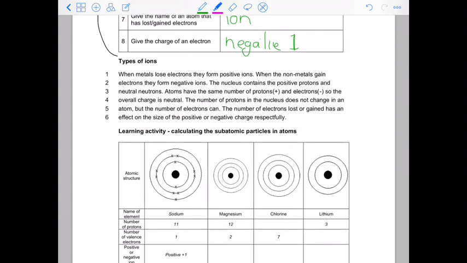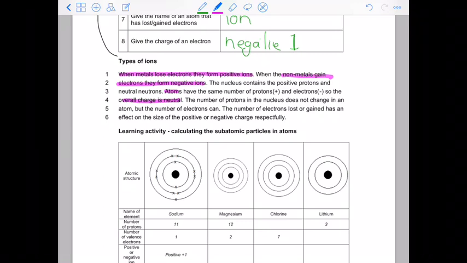So here we talk a little bit more about the charges on the ions. So when the metals lose their electrons, they form positive ions. We've talked about this already. When the nonmetal gain electrons, they form negative ions. So the nucleus, we know, has those positive protons and neutral neutrons. Atoms will have the same number of protons and electrons, so their overall charge is neutral.